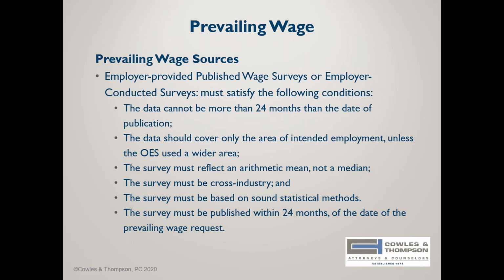So what we've done in the past is obtain the private surveys that give us a favorable wage and submit a prevailing wage determination request to the Department of Labor with the private survey, telling them, here, this is what the wage should be. And remember, that prevailing wage determination is good for 2 years.